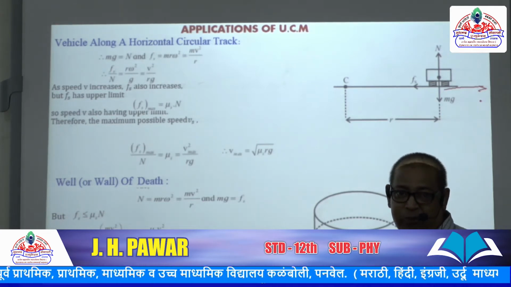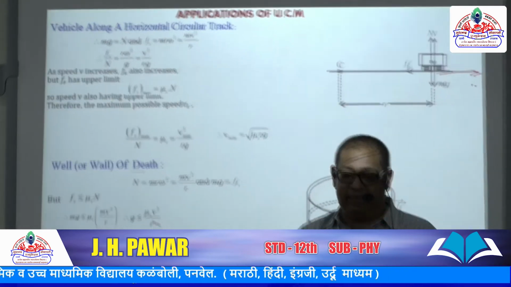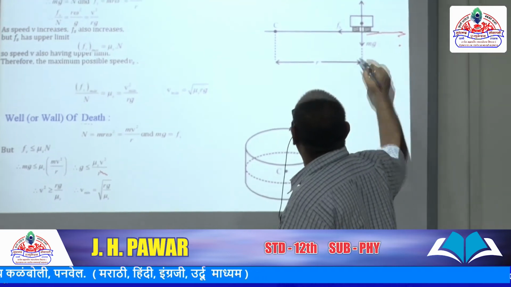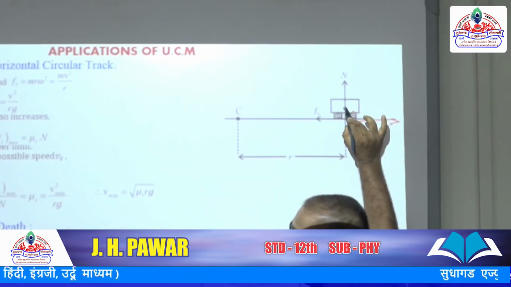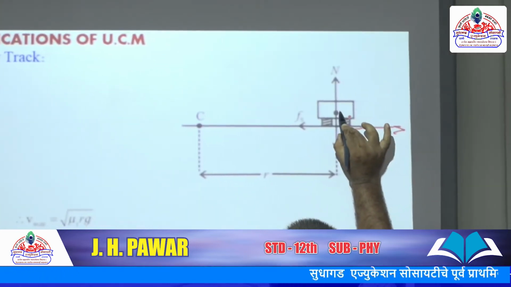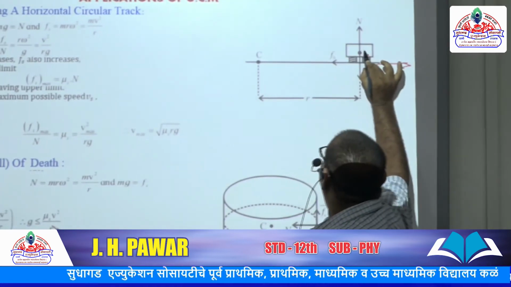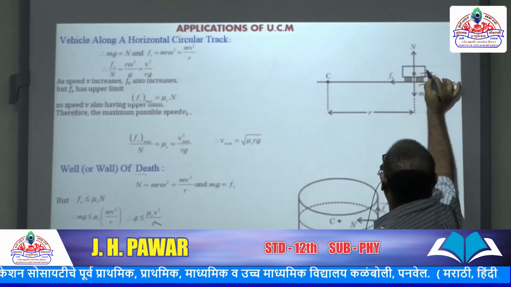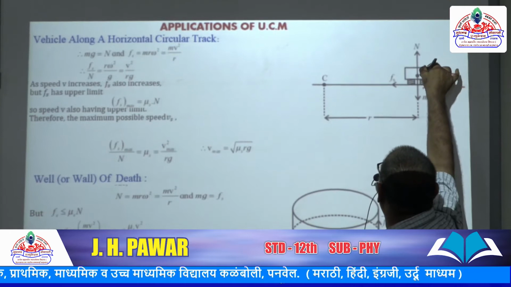But in practice, we know that the vehicle is very big and its center of mass, or you can say center of gravity, is not exactly at the ground level, it is just above it. And when this center of gravity is above the ground level, then the centrifugal force is acting from that level, in this direction.